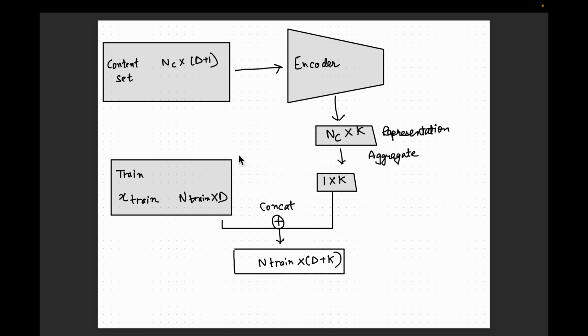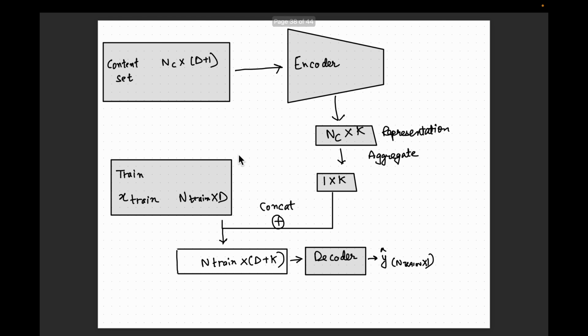Now this new input that we have, n cross d plus k features, we pass it to a decoder, which could be another neural network, which will then give us a y hat. Now we have the y hat, we have the y true, which is n cross 1.